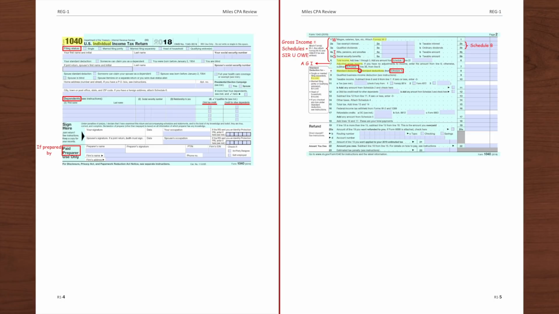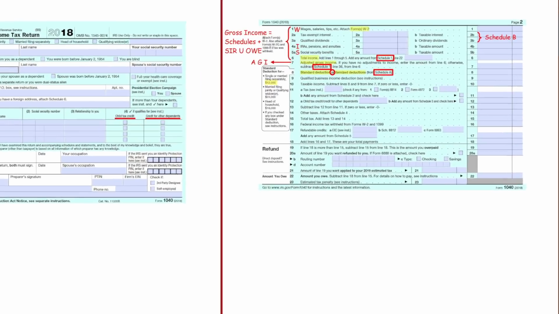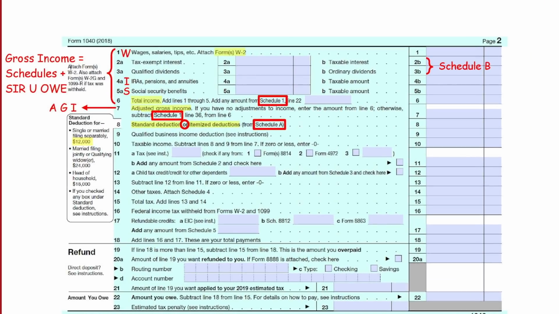Back on page 5, we're still going through Form 1040, where line 6 was total income or gross income. Line 7 was AGI or adjusted gross income. Line 8 was standard deduction or itemized deductions.